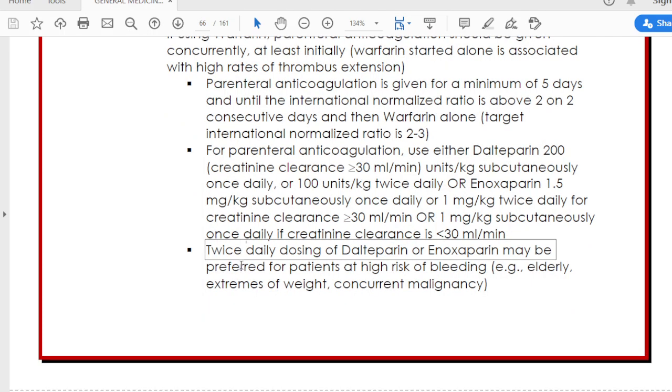Twice daily dosing of dalteparin or enoxaparin may be preferred for patients at high risk of bleeding, extremes of weight, or concurrent malignancy.